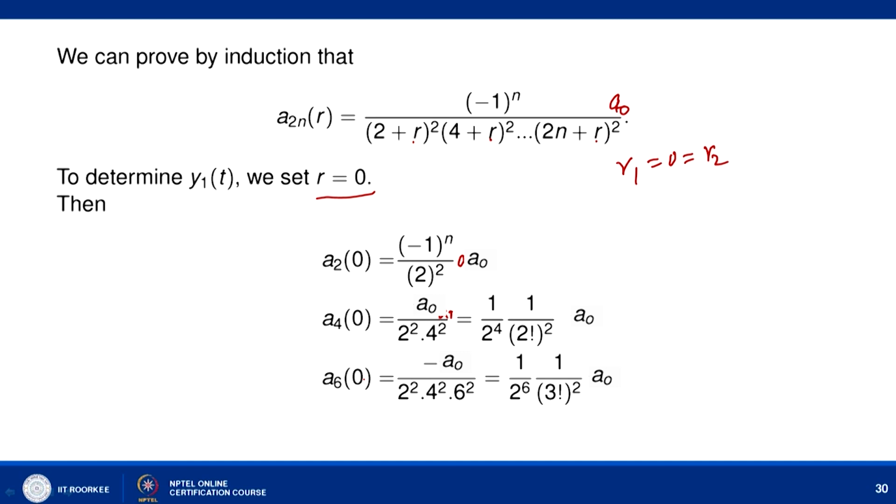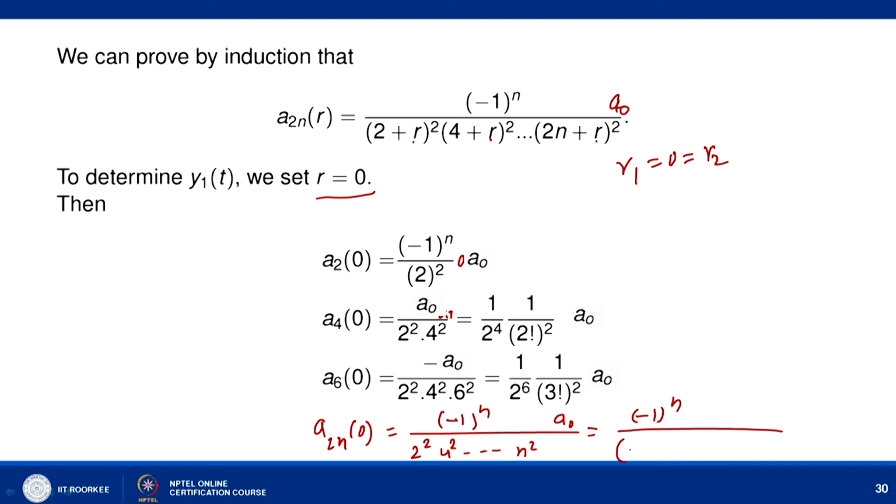In this way you can calculate a2n(0) equal to minus 1 to the power n, and if you look at it, it is 2 square, 4 square and so on up to n square, and if you simplify, it is a0, and it is simply minus 1 to the power n over 2, 4, 6 and so on up to 2n, whole square.